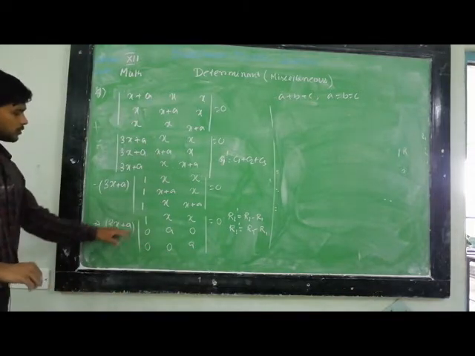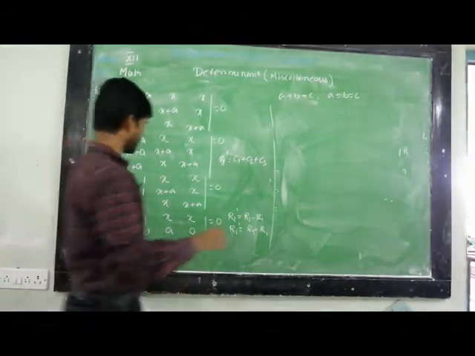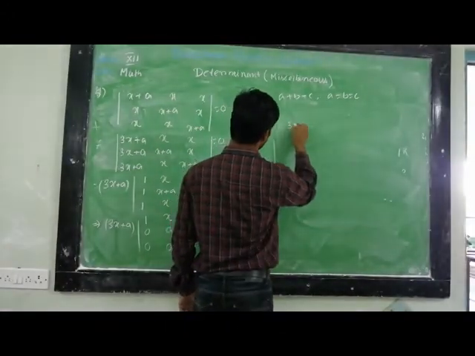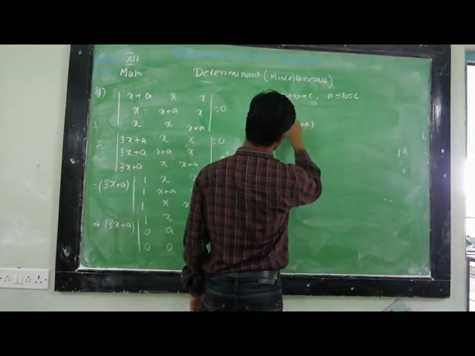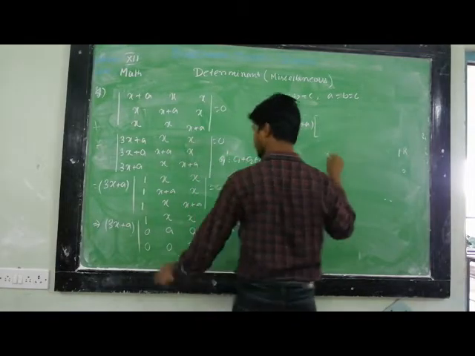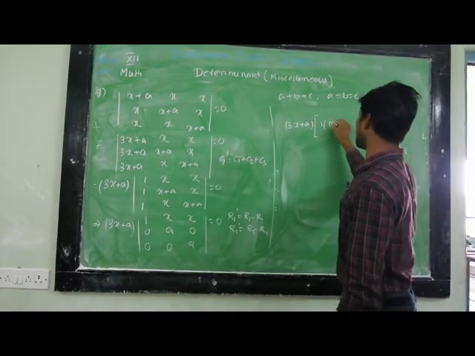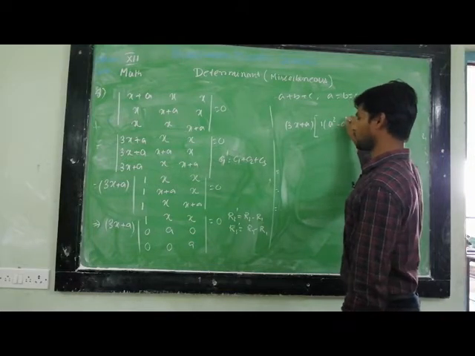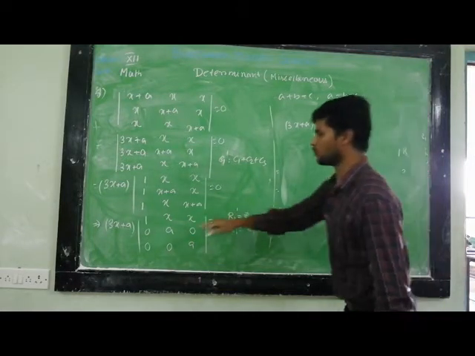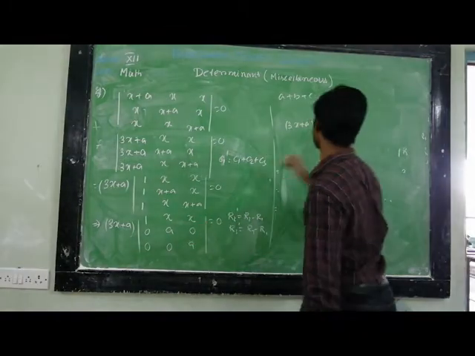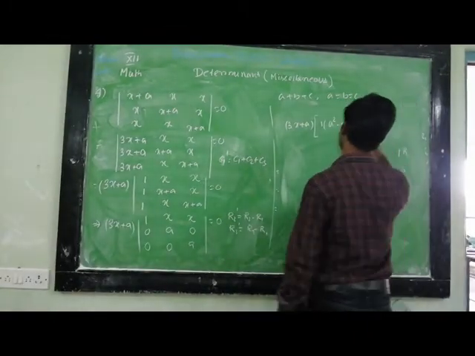Now expand the determinant along the first column. We have 3x plus a into 1 into a square minus 0, and the remaining two terms will be 0 as the other entries are 0. So that is equal to 0.